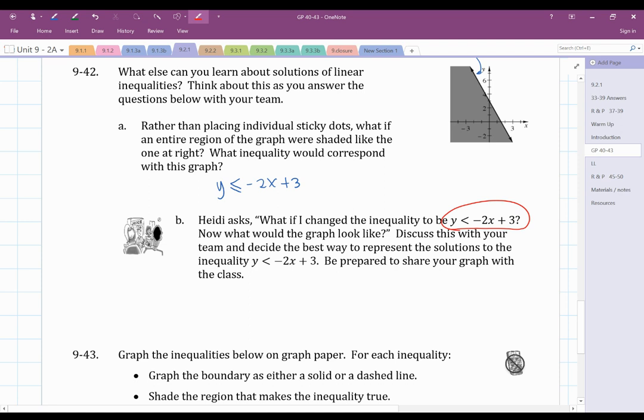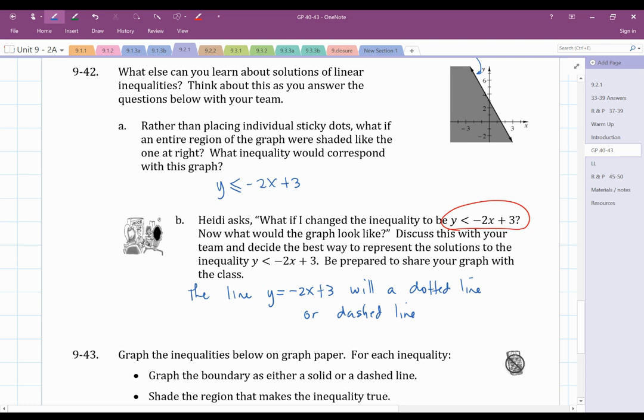Yes, Ariana T. You call it the dashed line or dotted line or broken line. So we say the line y is equal to negative 2x plus 3 will be a dotted line or dashed line.